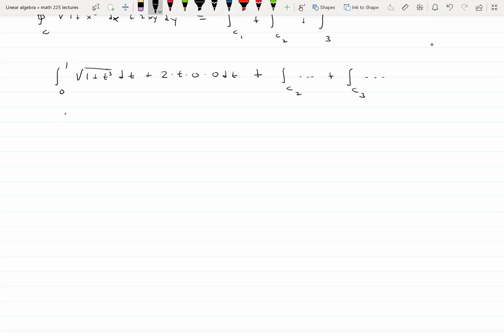So this is the integral from 0 to 1 of the square root of 1 plus t cubed dt, plus the other integrals along the other portions. And the only reason I'm not evaluating those integrals is we aren't able to go any further anyway.